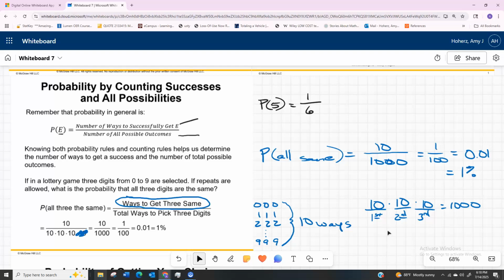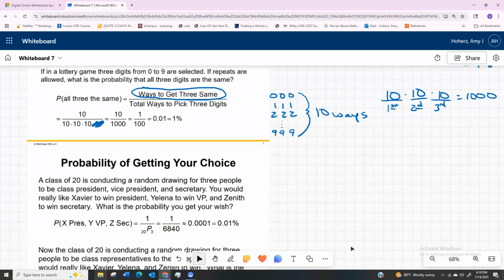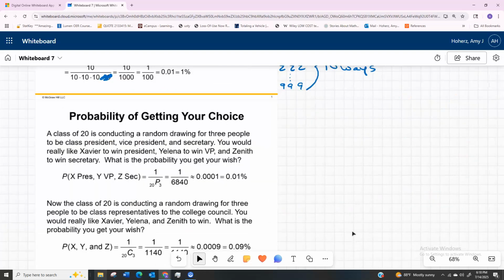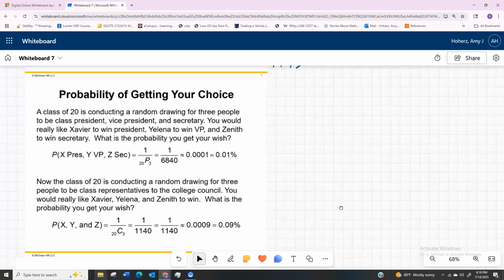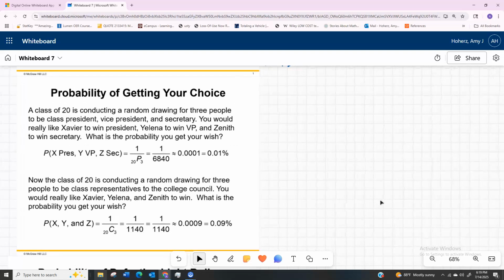Okay, so now let's do some that involve our permutations and combinations. Let's say a class of 20 is conducting a random drawing for 3 people to be class president, vice president, and secretary.